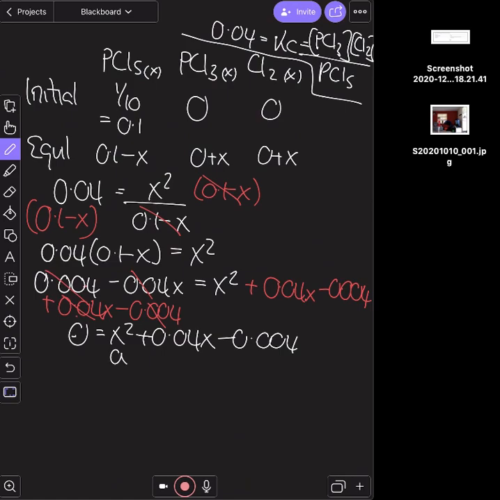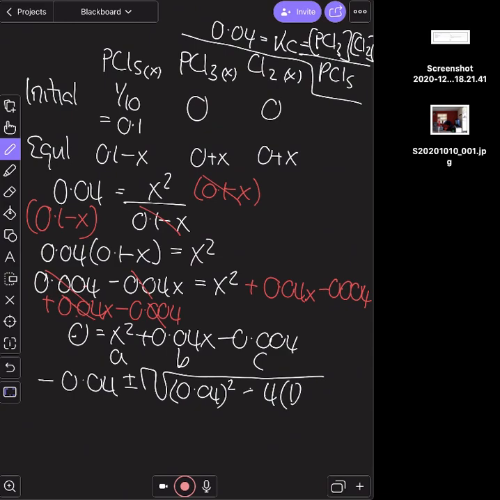This is my a value, my b value, and my c value for my quadratic formula. So minus b plus or minus the square root of b squared minus 4ac all over 2a.